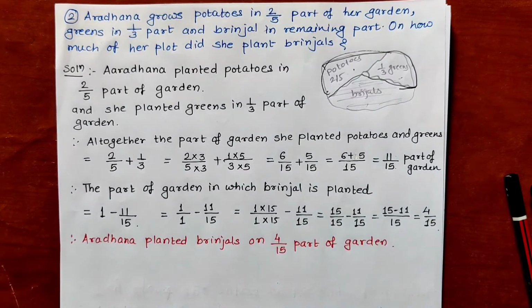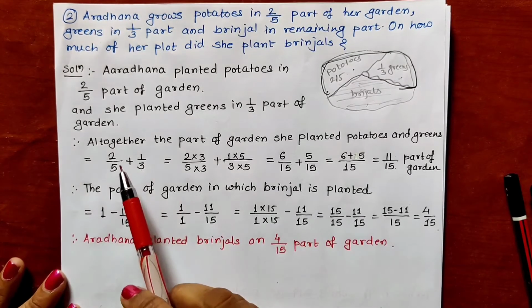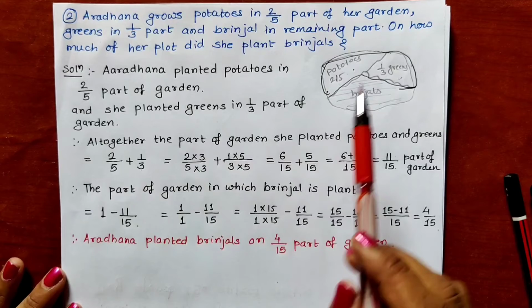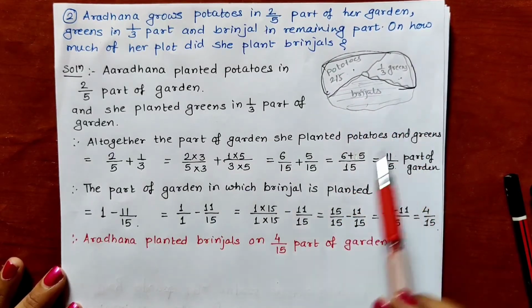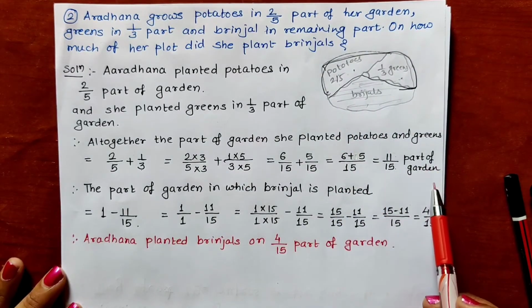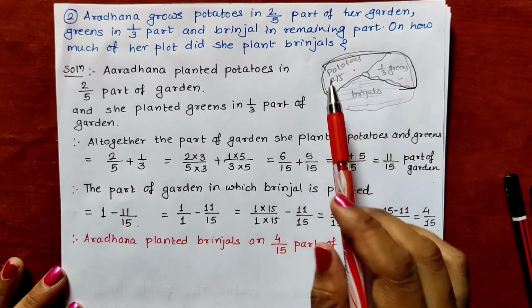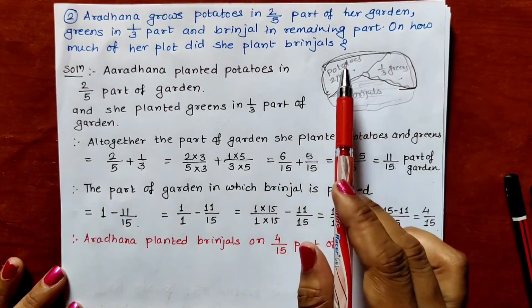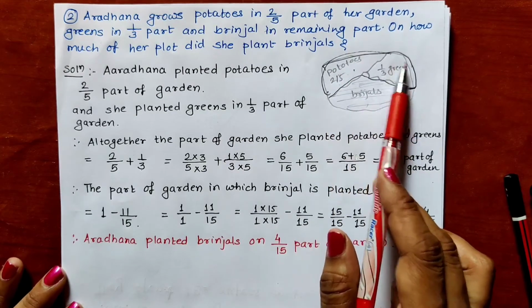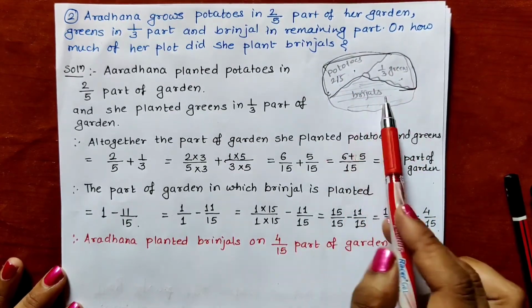In this way we can write the answer. First we have to add the part of potatoes and part of greens. We get 11 upon 15 part of the garden, and then we can subtract this part of potatoes and greens from the full garden to get the part of brinjal.